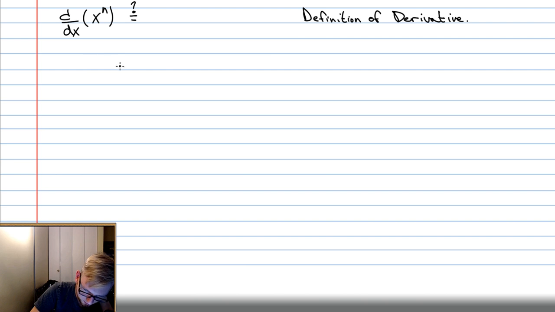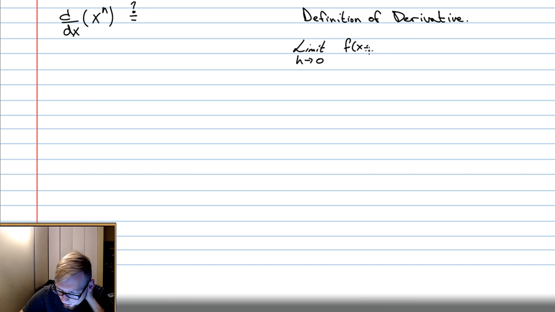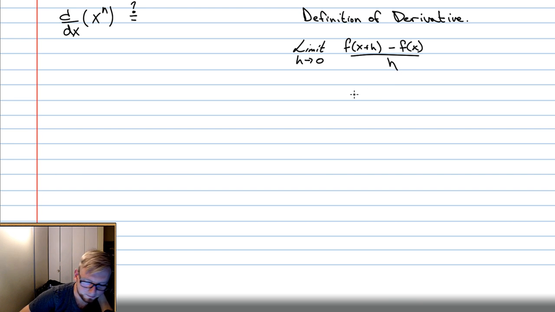Okay, so the definition of derivative is the limit as h goes to 0 of f of x plus h minus f of x, over h. Okay, so now we gotta plug that in. Let's see if I can remember.